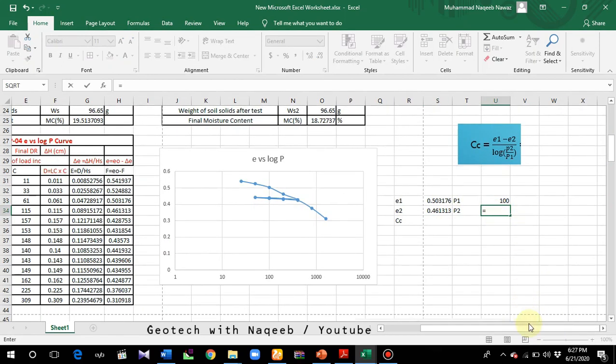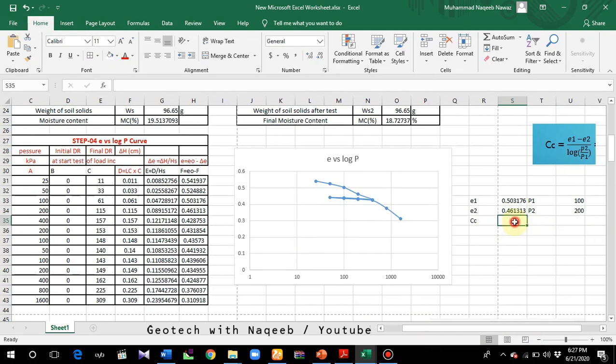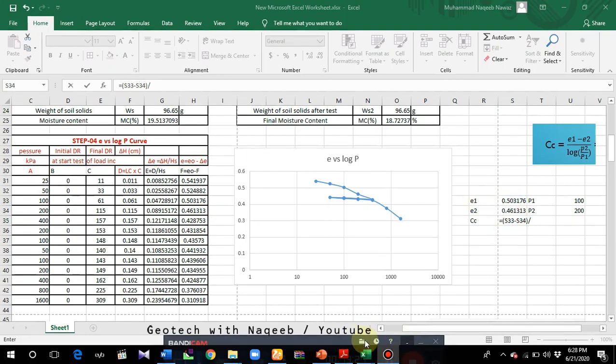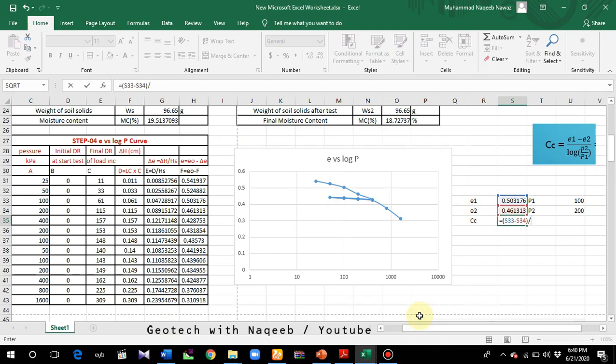This value is basically 200. Yes, now I will have to find out C sub C equals E1, this value, minus this value, divided by log P2 divided by P1.